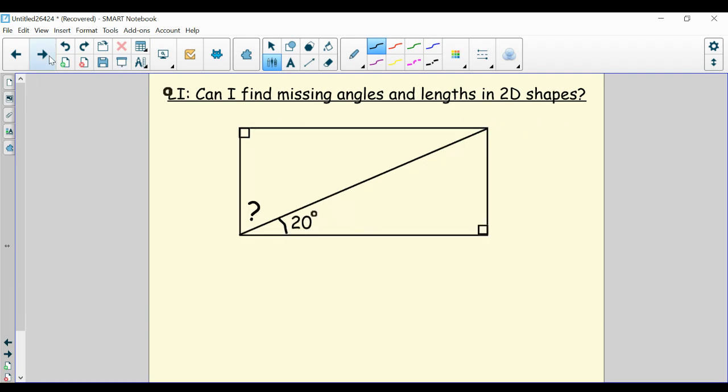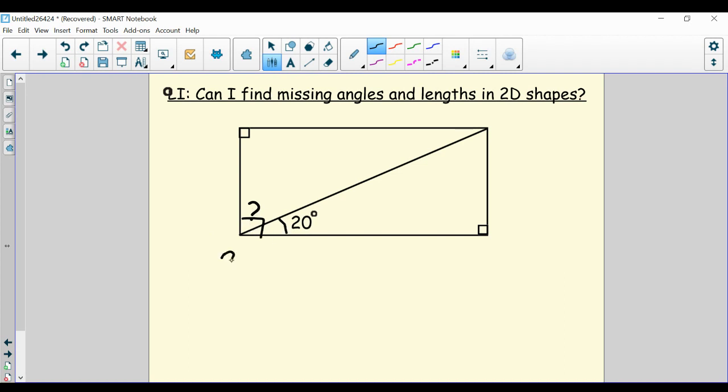Here's one more question, similar to what you'll find in challenge 3 today. This time we are given an angle of 20 degrees here, and we can see that it's inside a rectangle, so we know that each corner makes a right angle. So this needs to total 90.